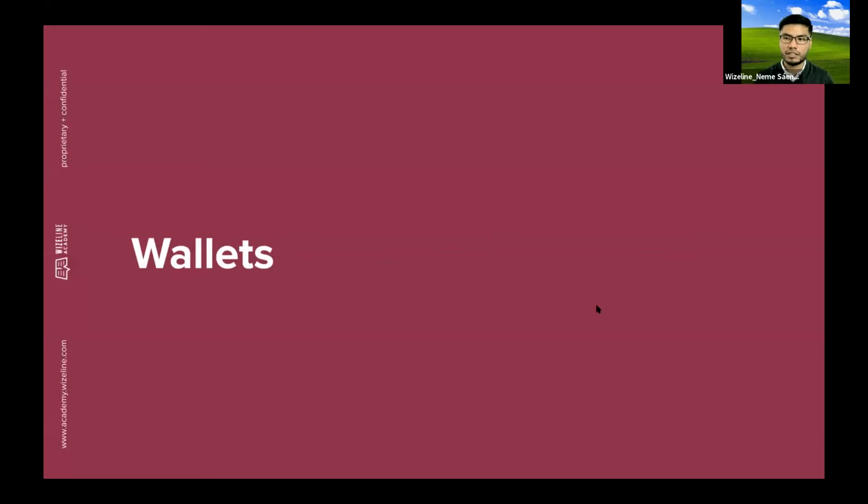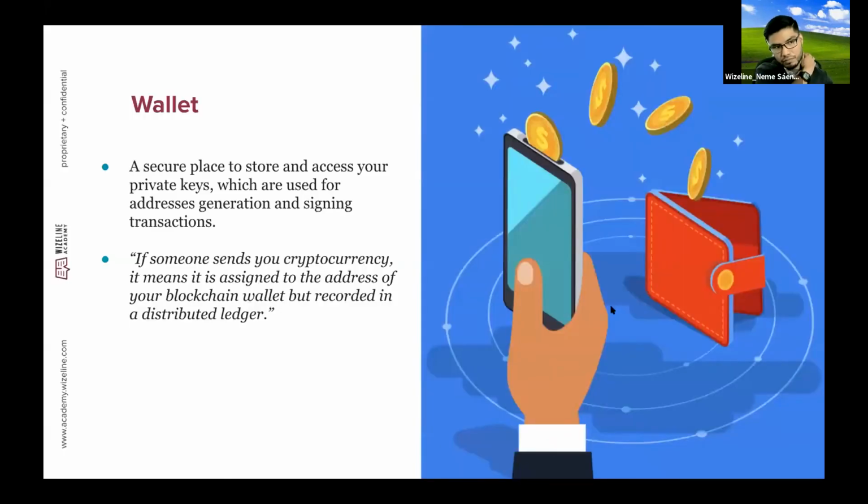Yeah, so this last topic is wallets. Next slide, please. Yeah, so a wallet is a secure place to store and access your private keys, which are used for address generation and signing transactions. Maybe a better analogy than a wallet is a keychain or a checkbook, because the coins are not stored in the wallet. You use the wallet to sign transactions.